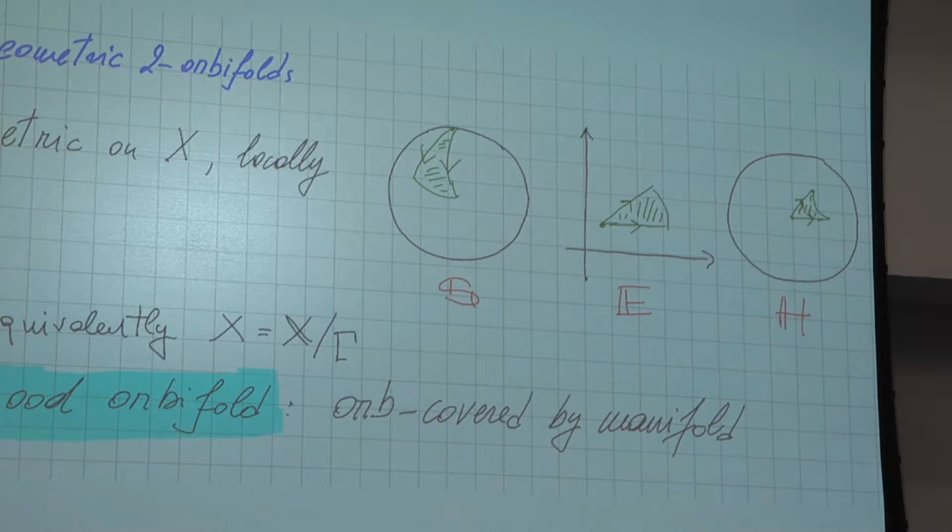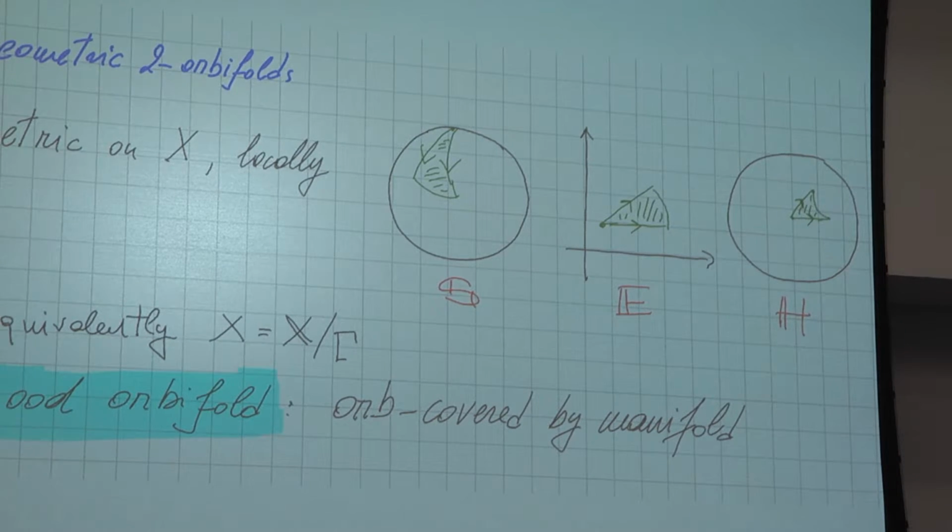I will not speak about all the details here, but it's actually equivalent to say that you realize your orbifold X as a quotient of one of the three models, sphere, Euclidean plane, hyperbolic plane, under a discrete group of isometries that may have fixed points, which gives rise to the cone points. And now you have the notion of good orbifold, which is just an orbifold that's orbifold covered by a manifold.